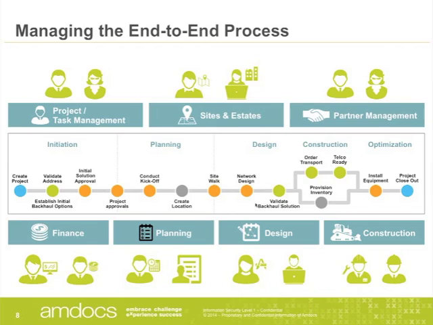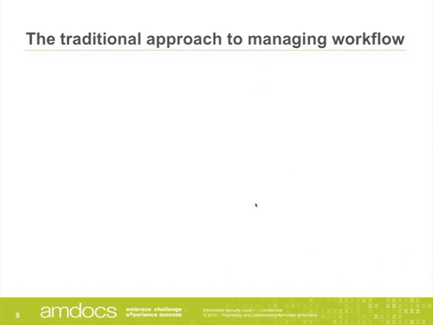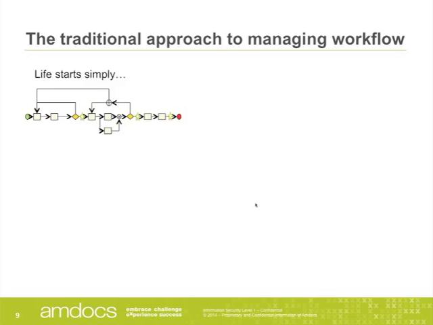So all of this leads to a need to have very tightly coupled and well processed end-to-end orchestration, where everyone can share not only the same process but also share the same information, and that is often where the problems start. So the traditional approach to managing workflow, life starts off simply.